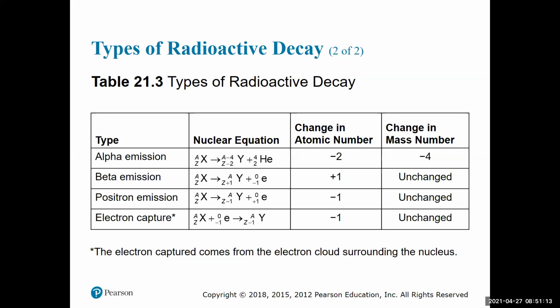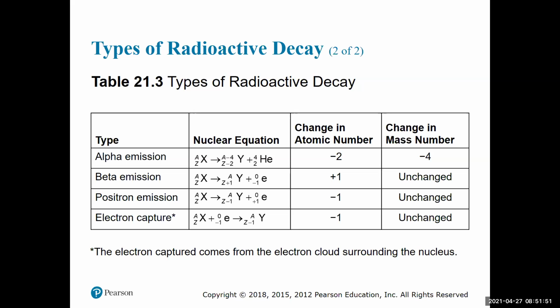So when you have something going on, that's where this nuclear equation comes in. If we had some element X with a mass number of A and an atomic number of Z, and it has that alpha emission, remember we said alpha is this helium 4, 2, we'd subtract 4 from the mass number and 2 from the atomic number.